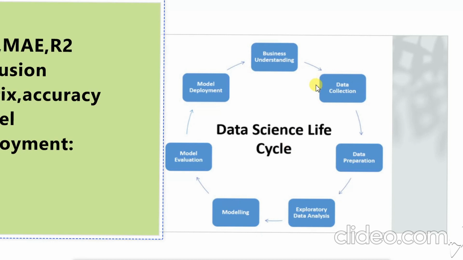Right from data collection, you have to collect more data, do more pre-processing, and tune the parameters of your machine learning model, or you can use some other machine learning models. Until the performance is good, you have to repeat this process. Once you get an accurate performance of the model, you can go for the deployment.